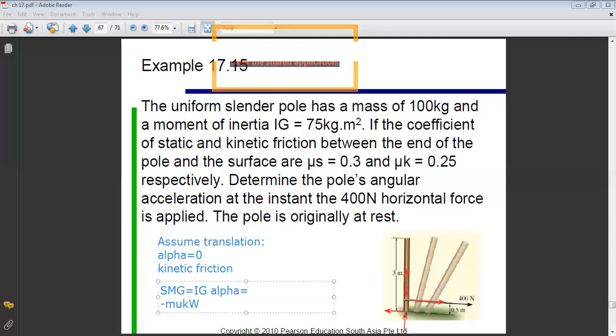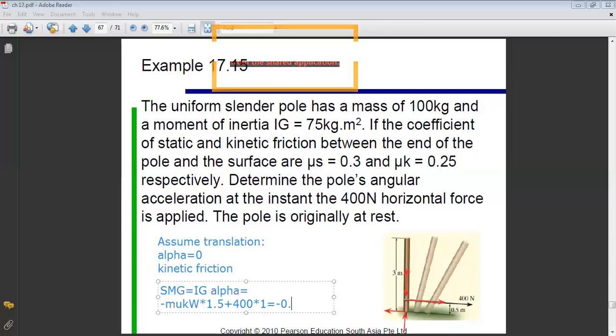So minus μk W times the distance from the point at the ground level to G, which is 1.5. And I have the moment of the 400 Newton force in the counterclockwise direction, so plus 400 times 1. If we replace, what is μk? 0.25.